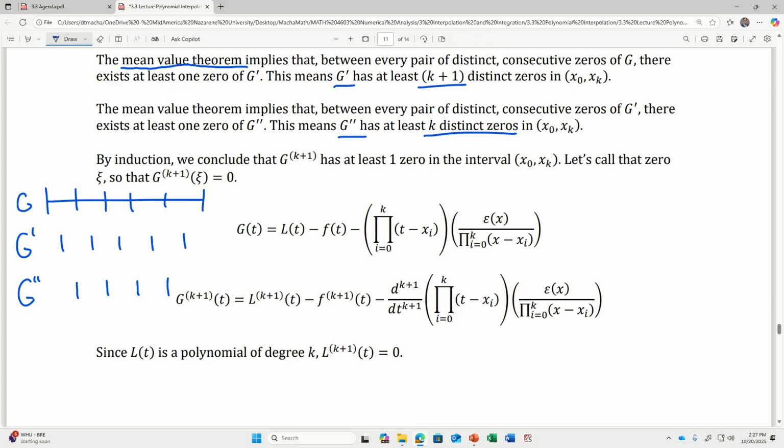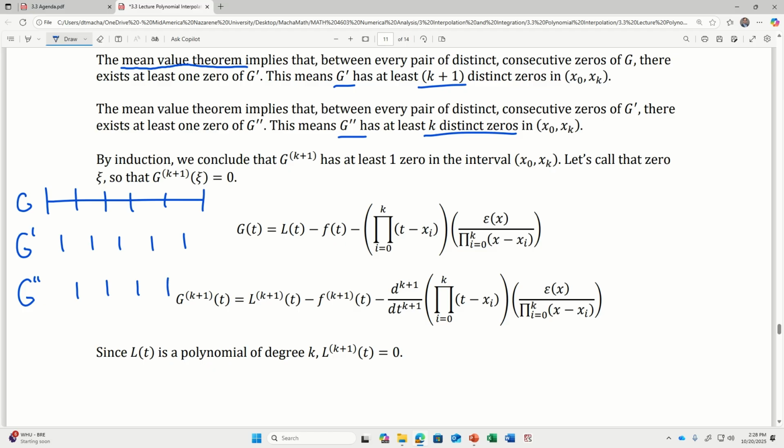And when we keep doing this and we take the k plus 1 derivative, we know that the k plus 1th derivative of capital G still has at least 1 zero in that interval. And so we're going to name that zero Cassie. And I know we don't know where Cassie is.